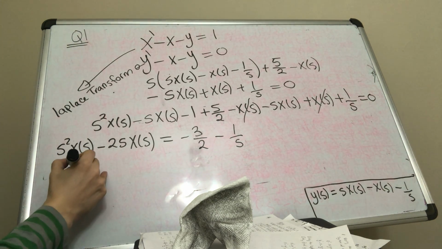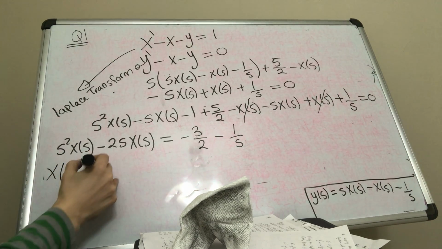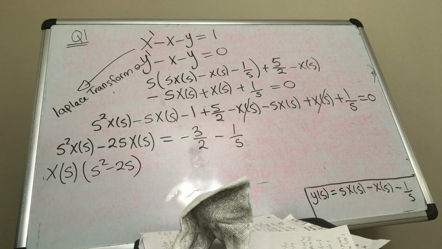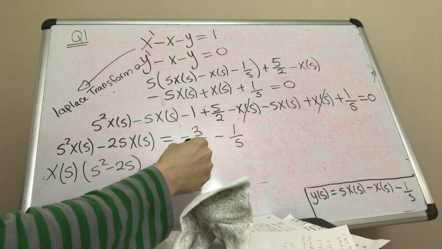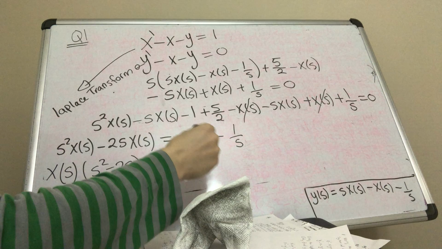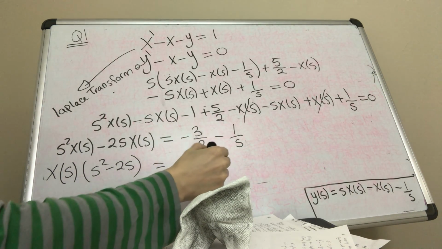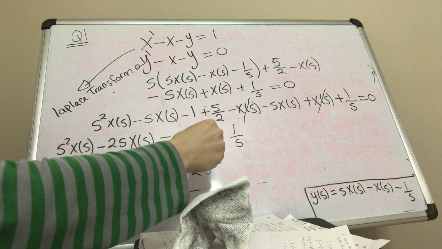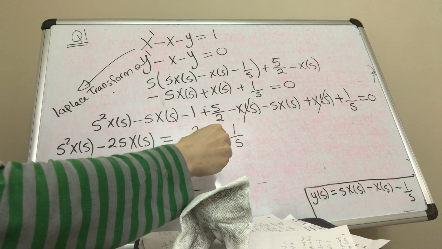Take X(s) as a common factor. You have negative 3 over 2. You can combine this into one fraction, 2s. So it would be negative 3s minus 2.